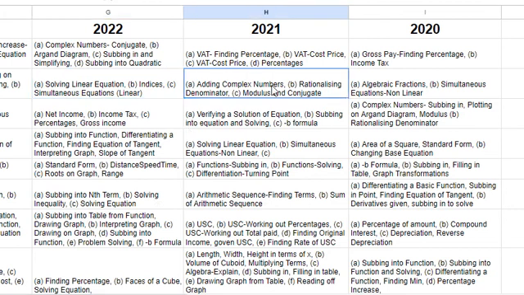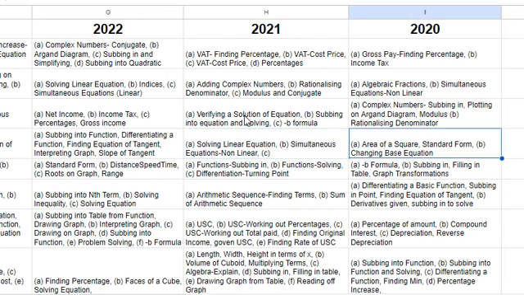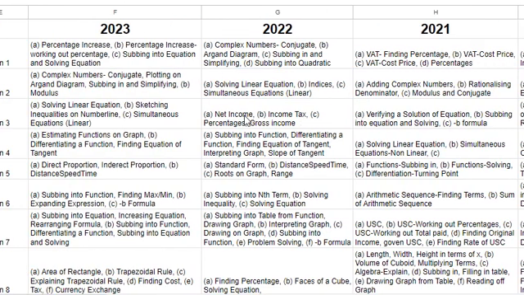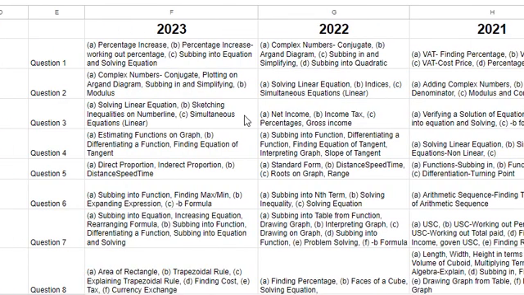And then in 2021 simultaneous equations non-linear comes up, so it's not like those ones. They're slightly harder to do, but I definitely look up those as well and be able to do them. And then in 2020, pretty sure it comes up again. Yeah, part B for question 2 in 2020. So one of the types of simultaneous equations came up every year, so you have to be able to do that.